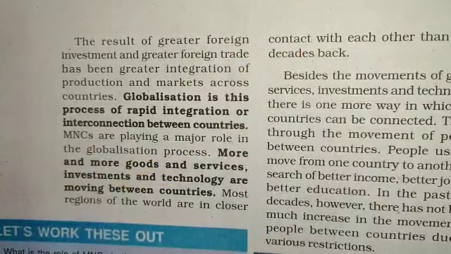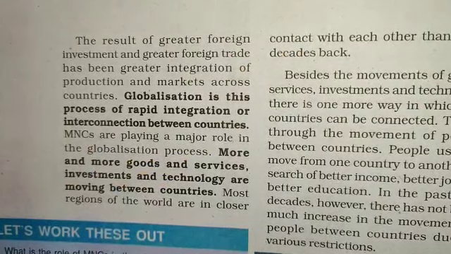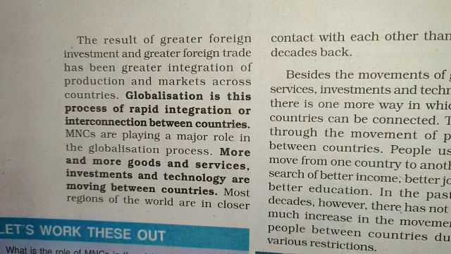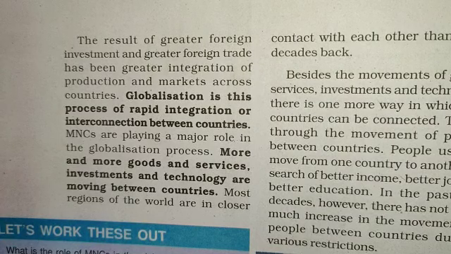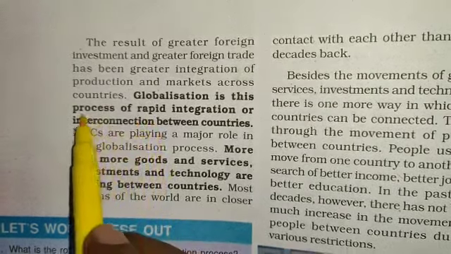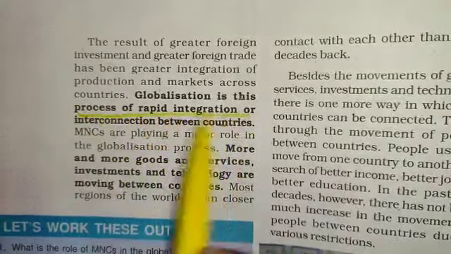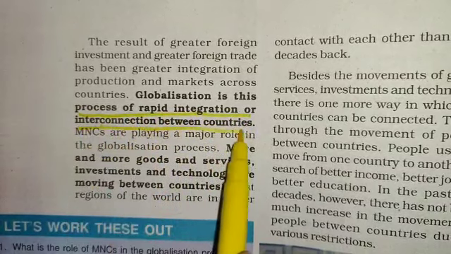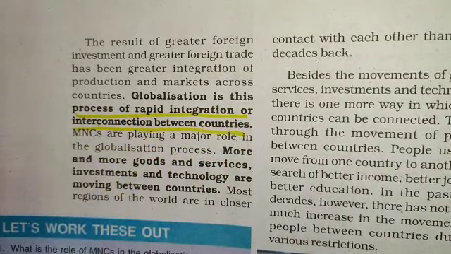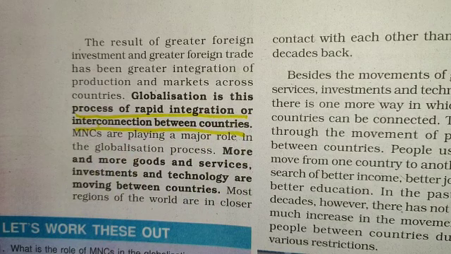The result of greater foreign investment and greater foreign trade has been greater integration of production and markets across countries. We can say that the process of rapid integration or interconnection between countries is globalization. Globalization is this process of rapid integration or interconnection between the countries.